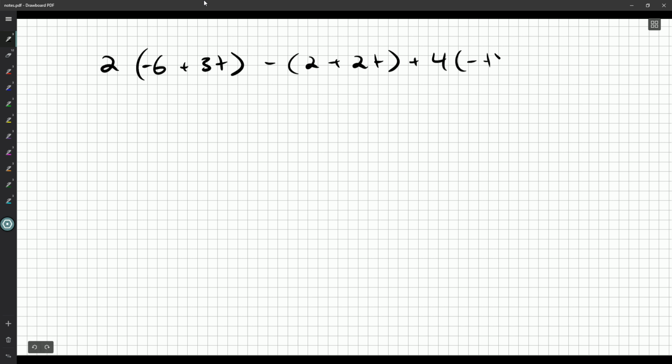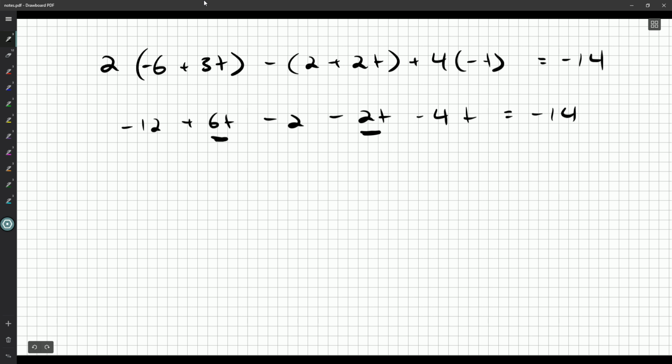But x3 was just negative t. And we should get minus 14 when all is said and done. Okay, well, simplify the expression on the left. Minus 12 plus 6t minus 2 minus 2t, and then 4 times negative t is going to be negative 4t. There we go.